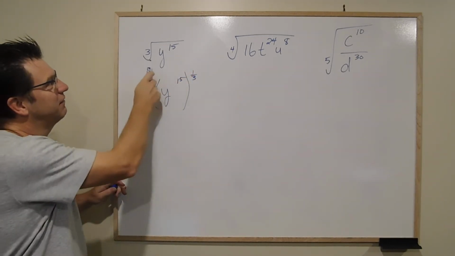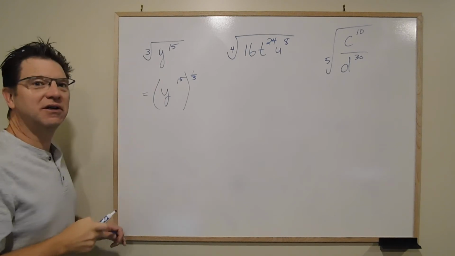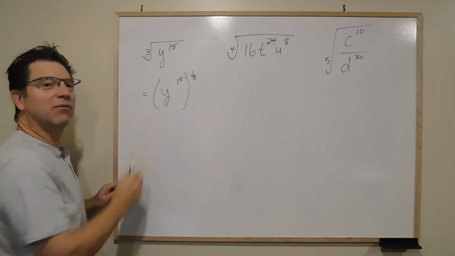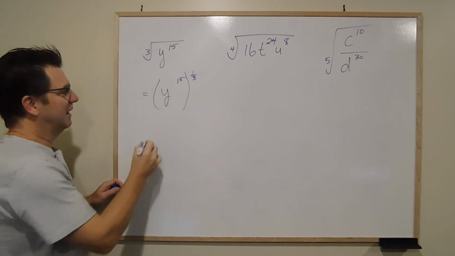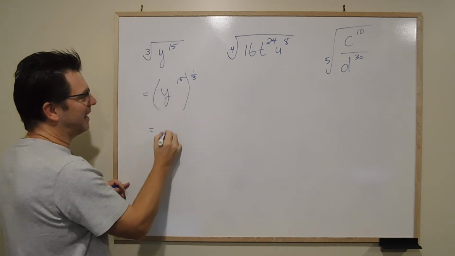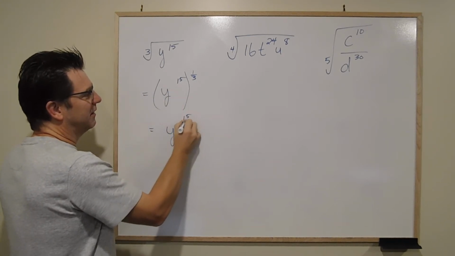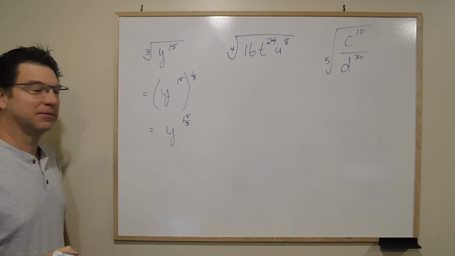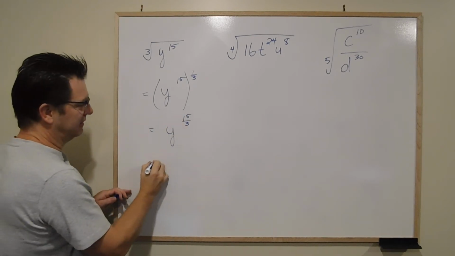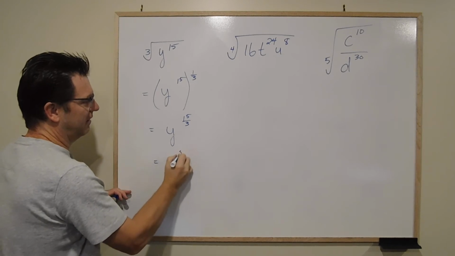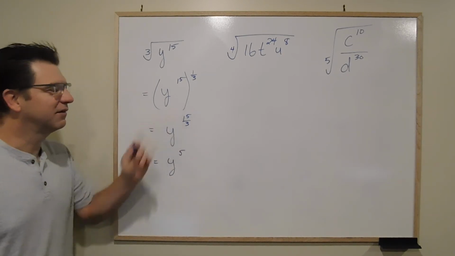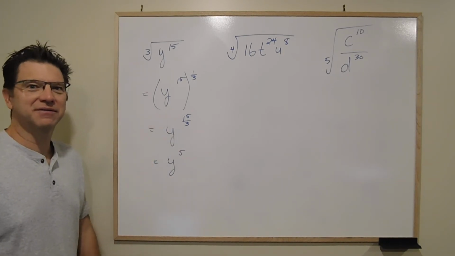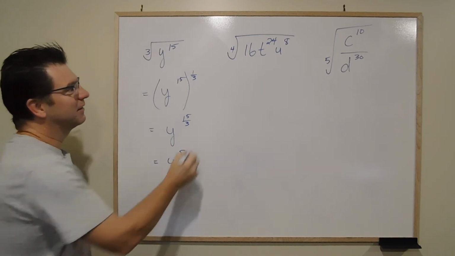I say y to the 15, and then because it's a cube root, we could use the exponent of 1/3, but to save ourselves that step, we can go directly to that step right there. We can do it all in one step, right? And then all it is a division, and you have y to the 5th, because 15 divided by 3 is 5. Okay? Let's look at the second one.